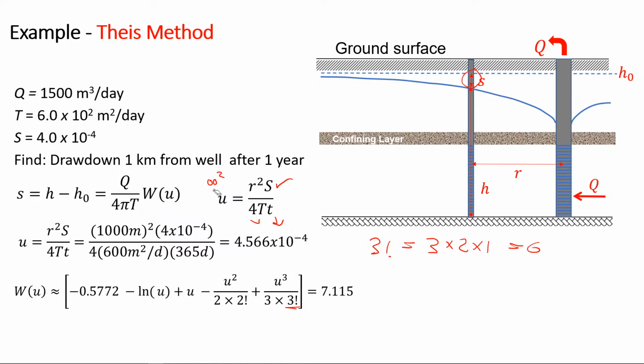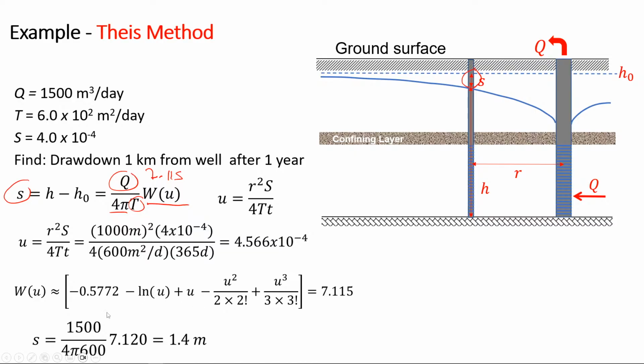I want to estimate the drawdown. How can I do this? Now I have this one, 7.115. Q is given, T is given. This is known, so I can estimate this one.